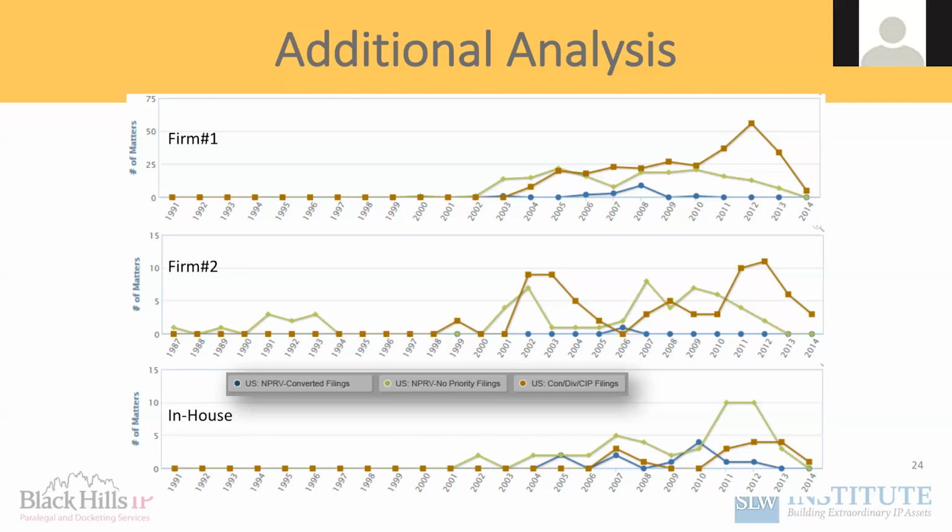So this would tell me, okay, I did a good job of keeping costs down from a filings perspective, but outside counsel found a way to keep their billing up, and that might be something that I want to address.